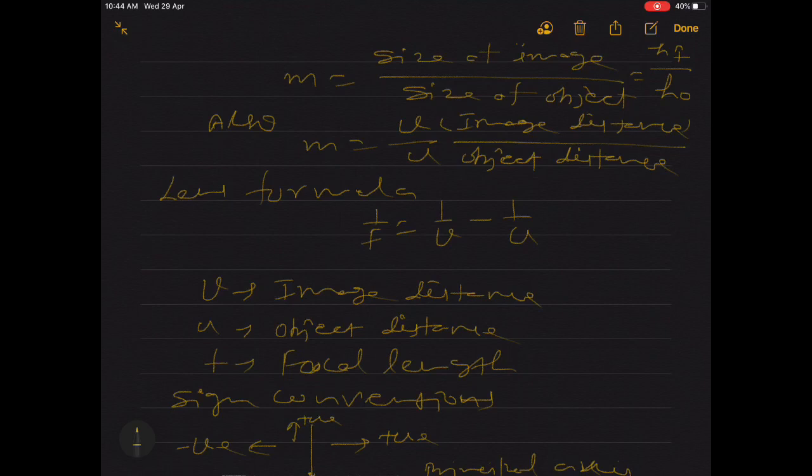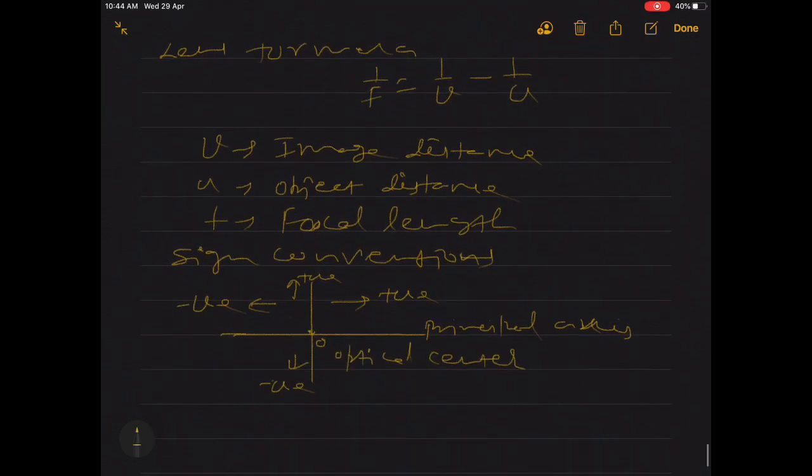1 upon f is equal to 1 upon v minus 1 upon u. If we talk about object distance, since the object is always placed on the left side of the optical center, in such cases the object distance is negative. If the image is formed on the right side, then image distance would be positive.